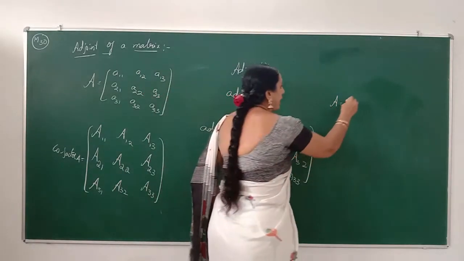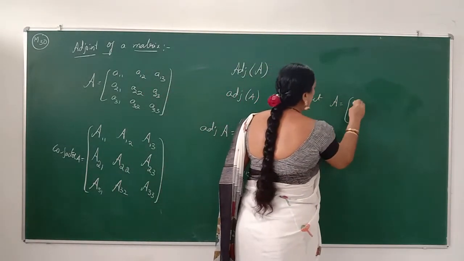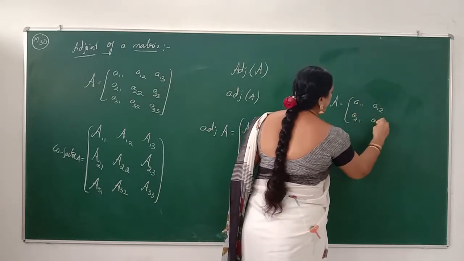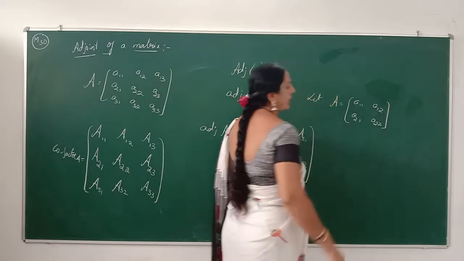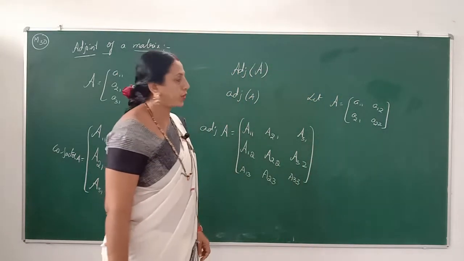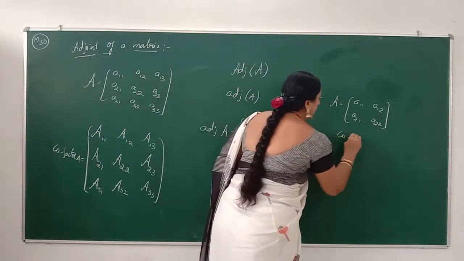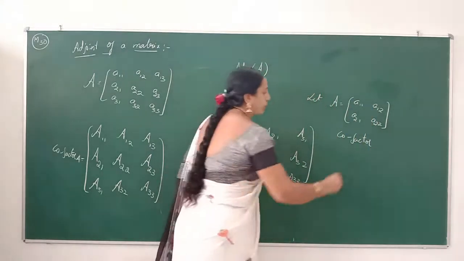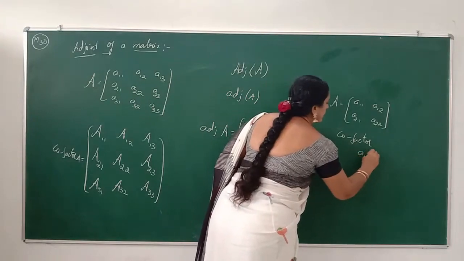Now, let A be equal to A11, A12, A21, A22, the elements of a matrix of order 2 cross 2. First we'll find the cofactors of each element. The first element is A11.